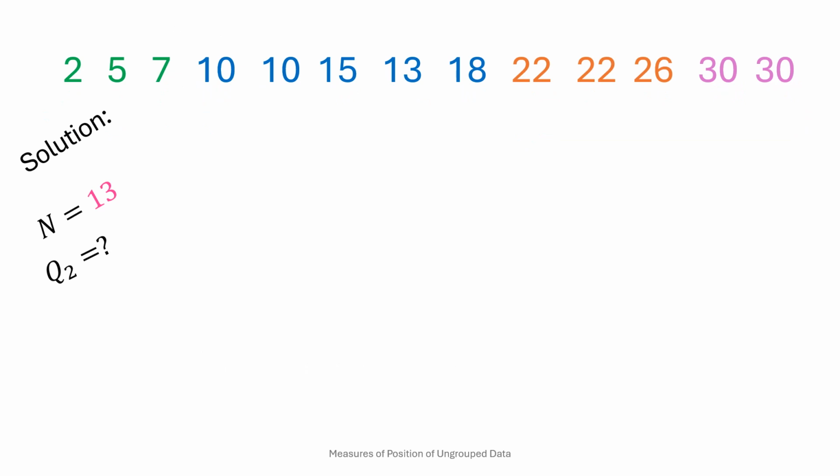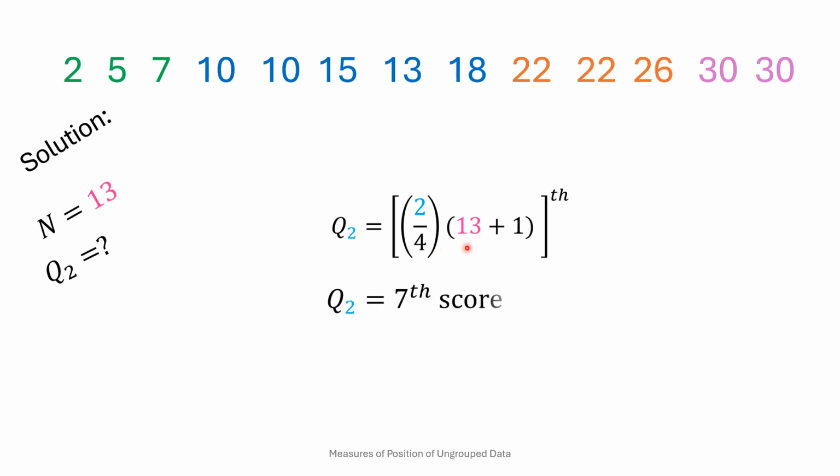Let's go find quartile 2. We know already that n is equal to 13. Again, using the formula to find the quartile and substituting the values, k is 2, n is 13. Therefore, the position of the quartile 2 or the median is the 7th score.